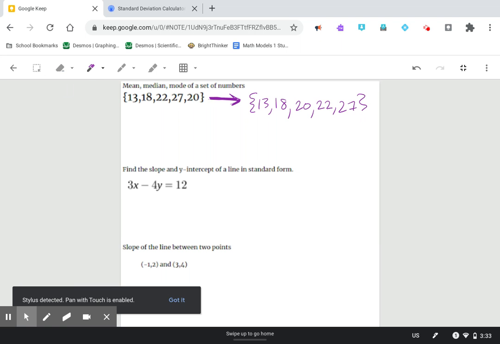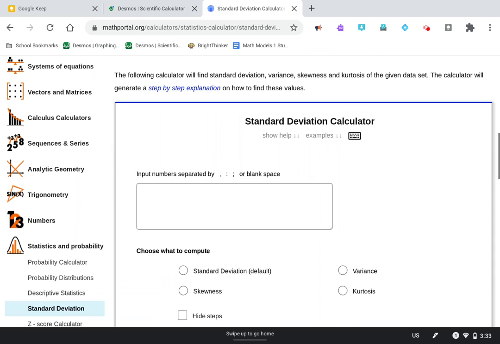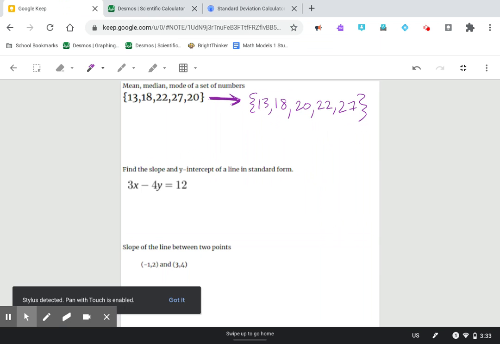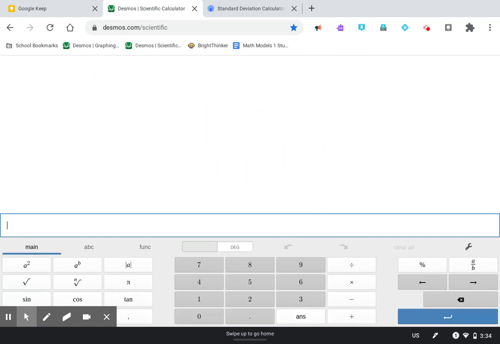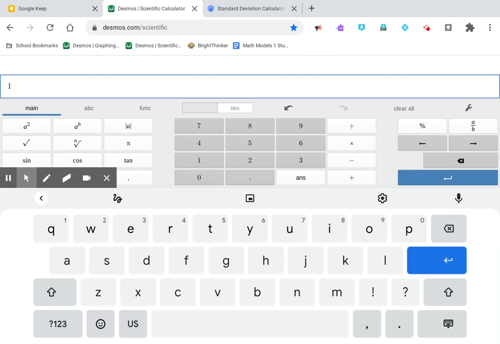And then if you remember, mean is the average. So we're going to add those numbers together and divide by 5 because there are 5 numbers. So let's hop over here. Open Desmos, add up our numbers here. We have 13 plus 18 plus 20 plus 22 plus 27.